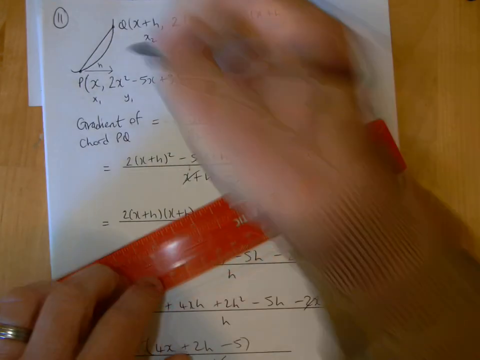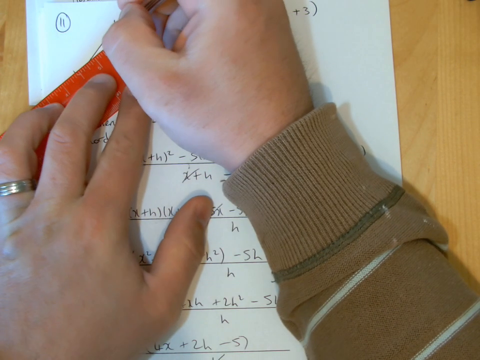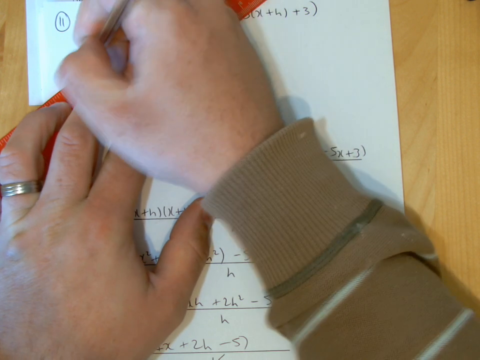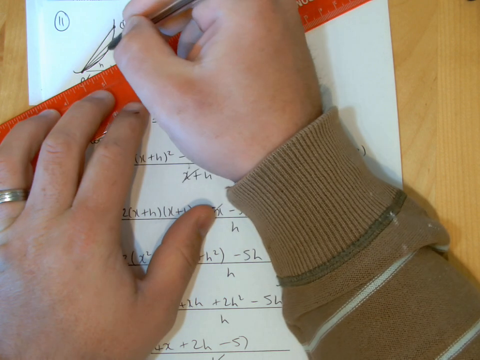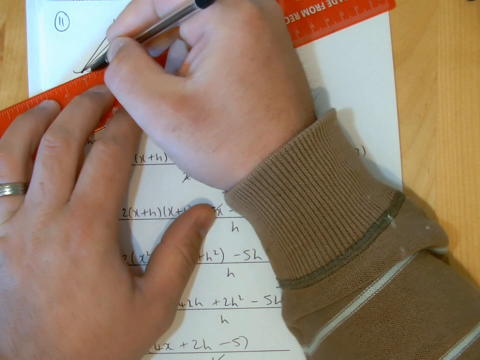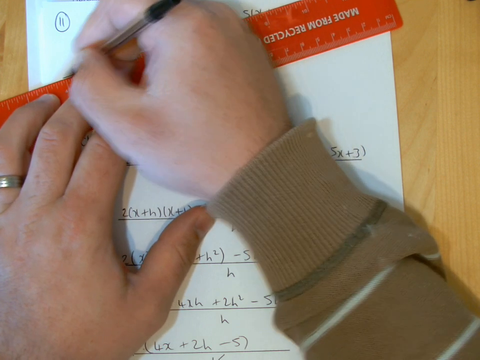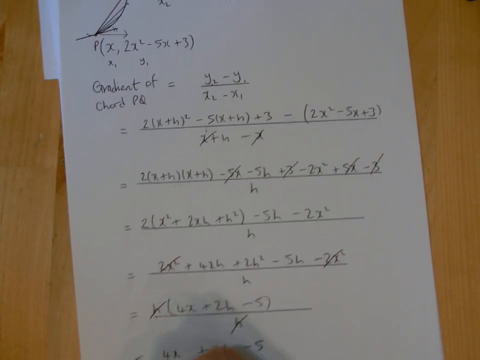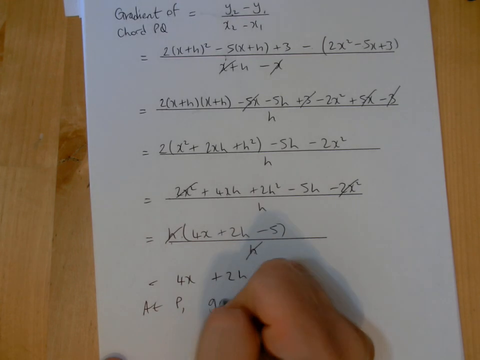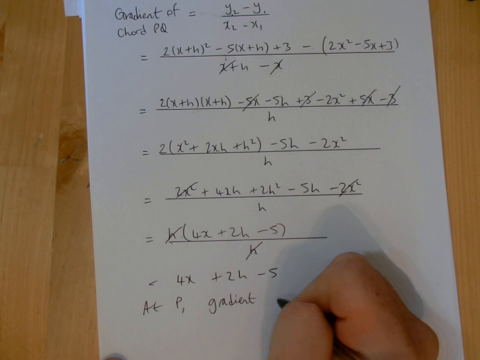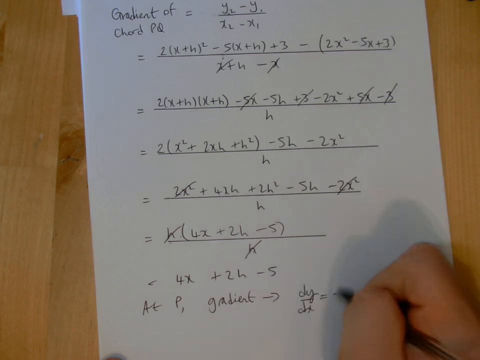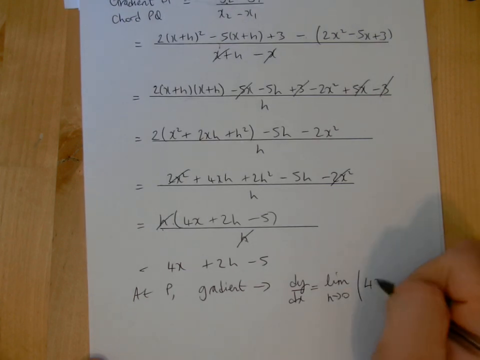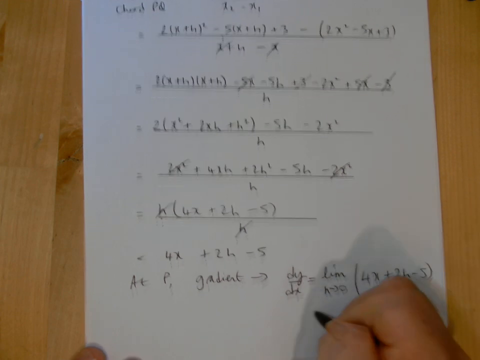Remember, when we're differentiating from first principles, we make h smaller and smaller. Okay, so Q gets closer and closer to P, and you can see then, as Q gets closer and closer to P, the chord reduces in gradient in this diagram here, and as Q gets ever so close to P, it actually homes in on the tangent at P. Okay, so what we say is, look, at P, the gradient, in other words dy/dx, so we need to write that down, will be the limit as we set h towards 0 of the gradient of the chord PQ.